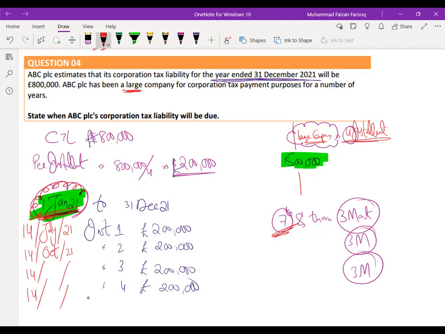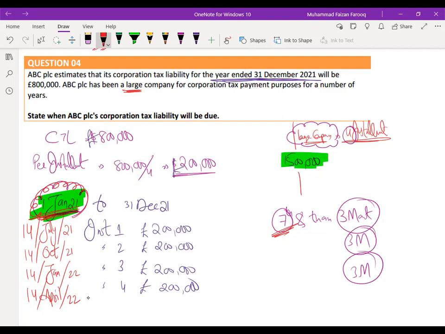Then October is done. So November, December, January is the third month. Now January is done, so February, March, and April is the third month. So that's how the installment dates will be written. The installment date will be the 14th, and the first installment will be the 7th month from the start of the year, not from the end, and then a 3 months gap will be there.